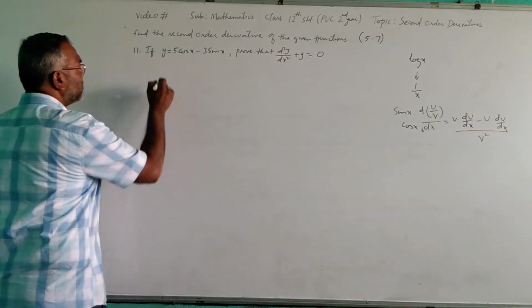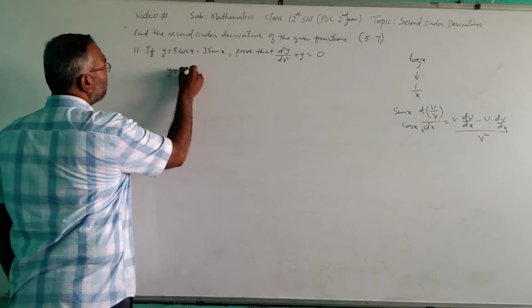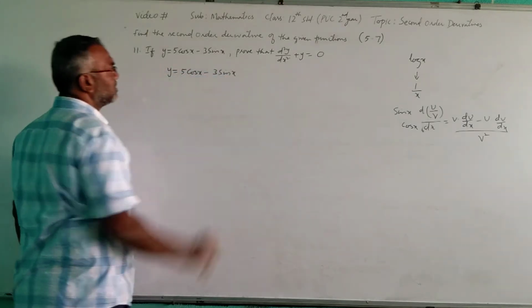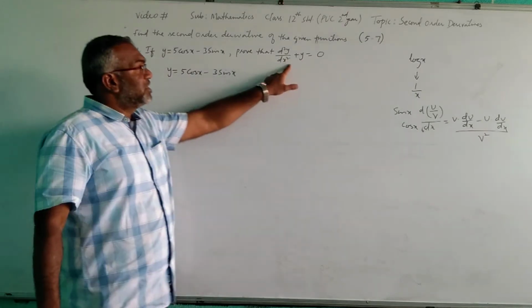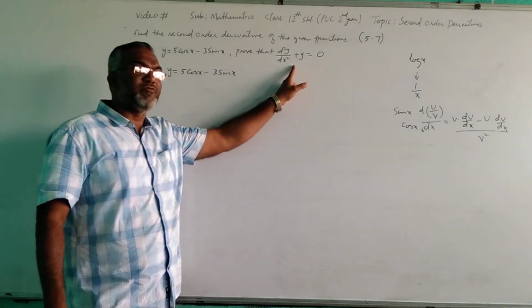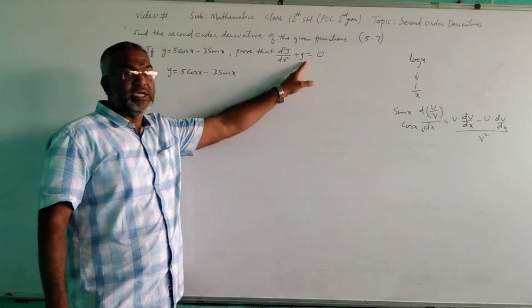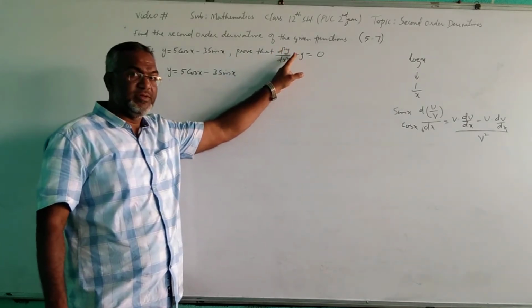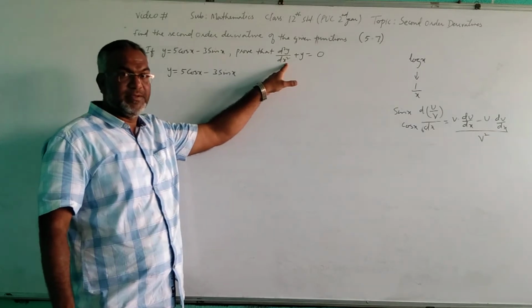So what is the given equation? y is equal to 5 cos x minus 3 sin x. From what we have to prove, it is clear that we have to find the second order derivative, then only we can get this.